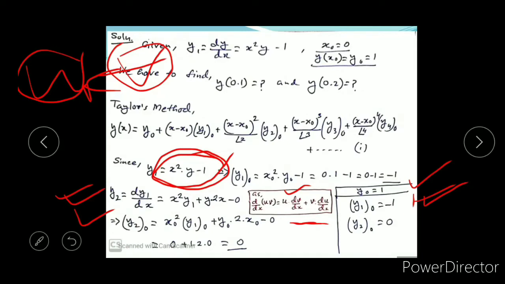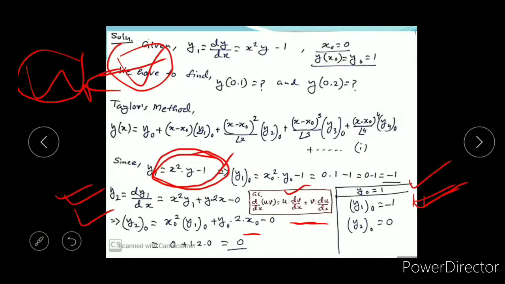Now putting the values x0, y0, y1 0 etc., let us check y2 0. y2 0 equals x0 square into y1 at 0 plus y0 into 2 into x0 minus 0, right? So x0 is 0. Next, y1 0 is minus 1, so 0 into minus 1 is 0.